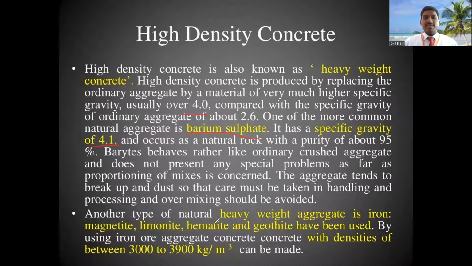Natural heavyweight aggregates such as magnetite, limonite, hematite, and goethite are also used. If we use these aggregates for the high density concrete, then the density of concrete will be increased to 3000 to 3900 kg per meter cube.